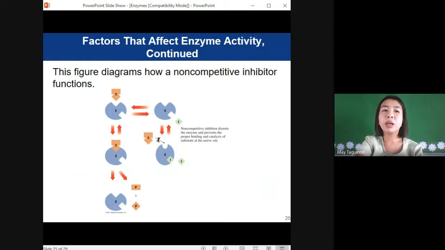Non-competitive inhibitors bind at a site on the enzyme that is actually remote to the active site. When a non-competitive inhibitor binds to an enzyme, it causes a conformational change in the enzyme. This change in shape causes the active site to no longer interact with the substrate.